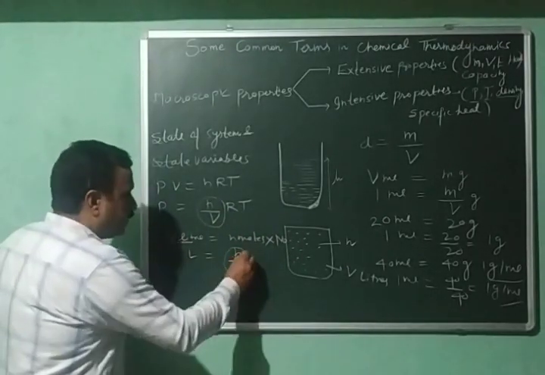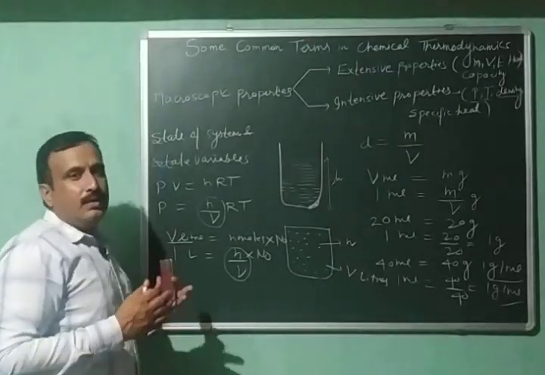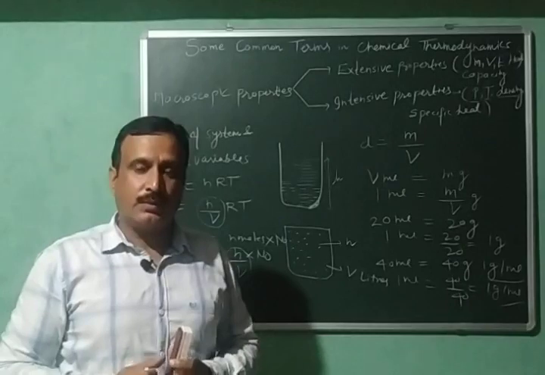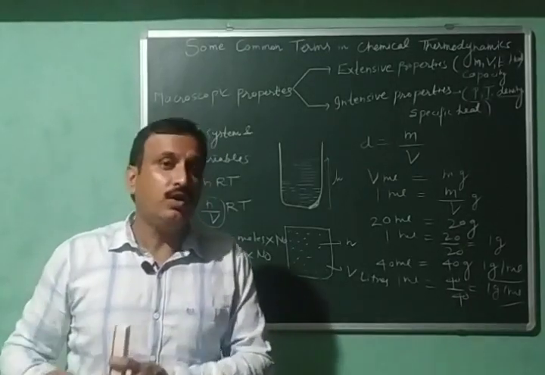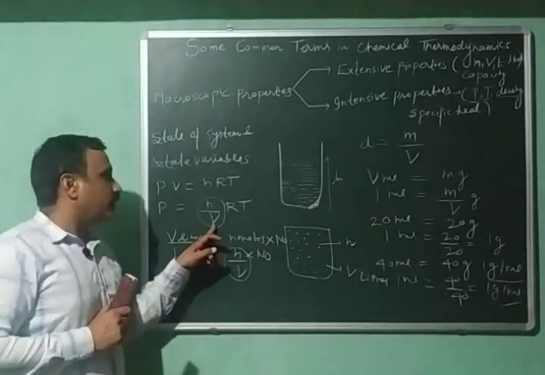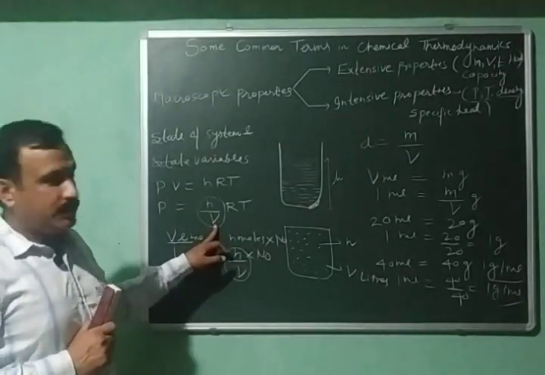So in 1 liter, that is n into N naught, I am going to have the number of particles per liter, the number of particles per unit volume. So that's why this term n upon V is called molar density as well as particle density.